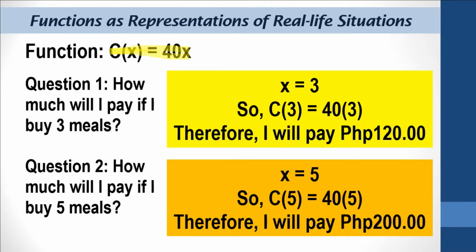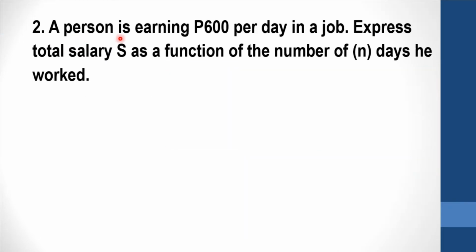Okay, so let us have another example. A person is earning 600 pesos per day in a job. Express total salary S as a function of the number of N days he worked. Ang isang tao daw ay magkakaroon ng 600 pesos bawat araw sa isang trabaho. So, ayan, magkano daw yung salary niya depending on the number of days na magtatrabaho siya.